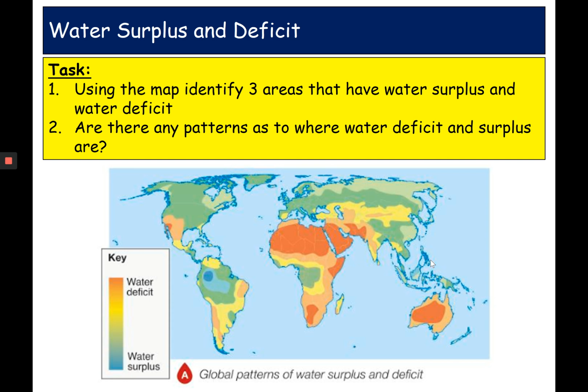So this is a good opportunity to get a highlighter or a coloured pen out and to read through that information. I'm not asking you to write anything down. The one thing I would say, though, is pay careful attention to the top right of this page, where there's a little grey box that says, what is water stress? Now, water stress is another one of those key terms, like water surplus and water deficit, but it's a bit more complicated.